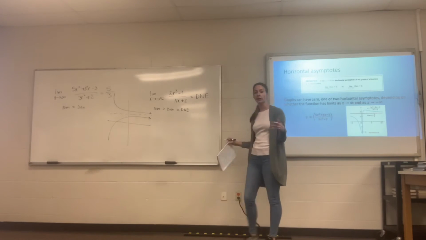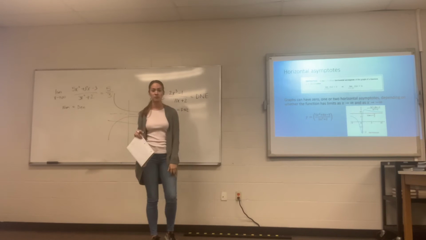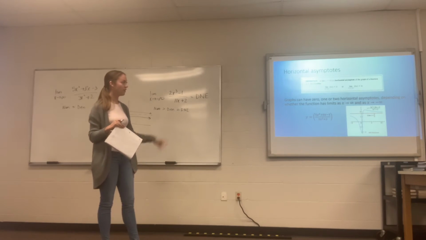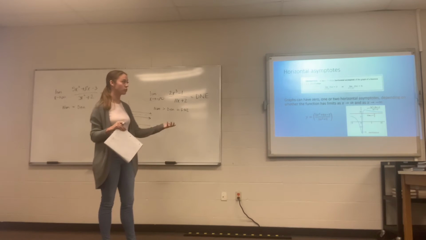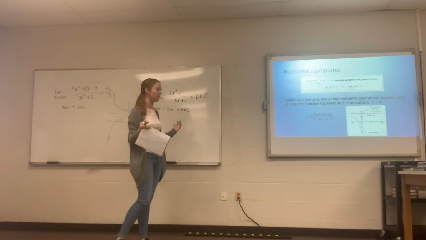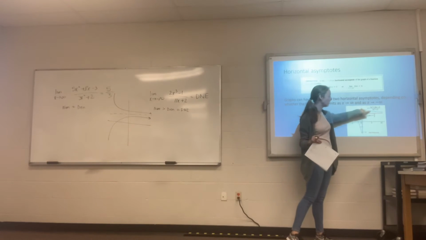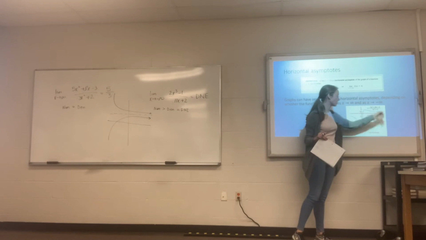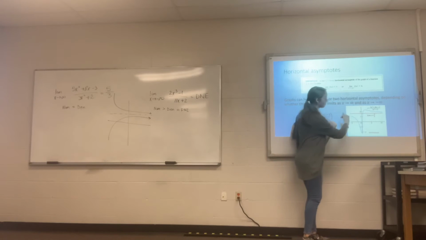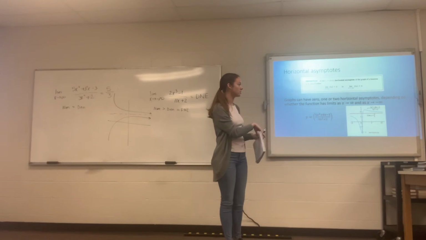So both directions, I'm approaching this horizontal asymptote of 5/3. In that one, I would just have one horizontal asymptote, because both the positive and the negative infinity are approaching 5/3, from the top on one side and from the bottom on the other.